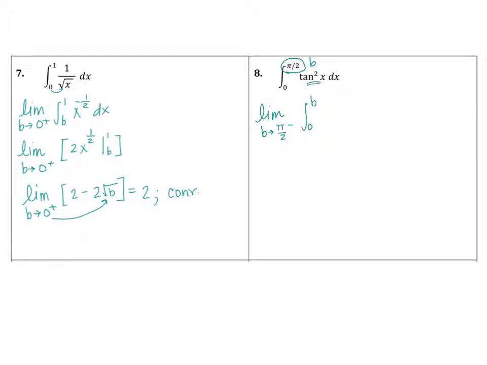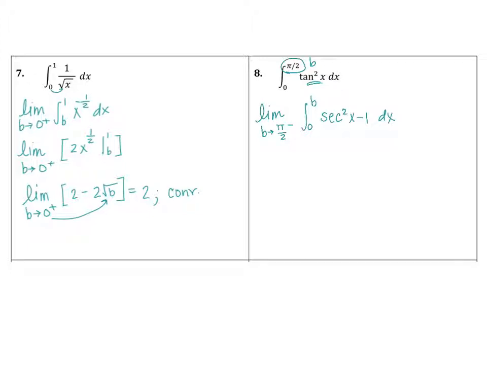And tangent squared we don't know much about, but I can change tangent squared to, no, secant squared minus 1. I need to flip that. Secant squared x minus 1 dx. That's going to make that a little bit easier to go through and integrate.